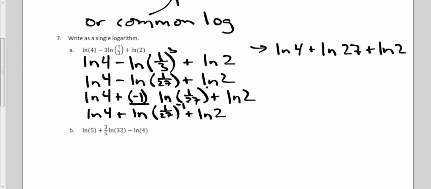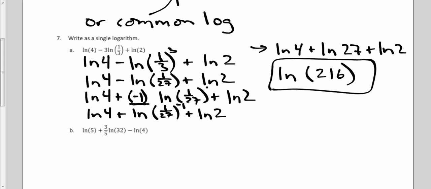And now I can do the product property. 4 times 27 times 2 is natural log of 4 times 27, that's 108, times 2 is 216, and there's my answer written as a single logarithm.